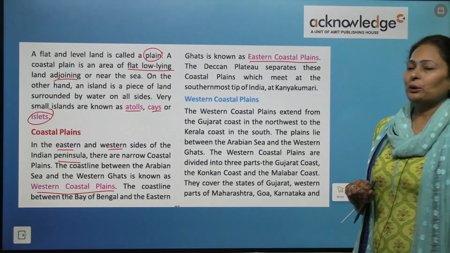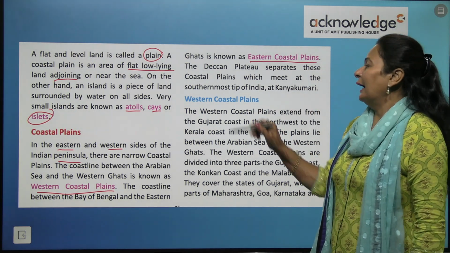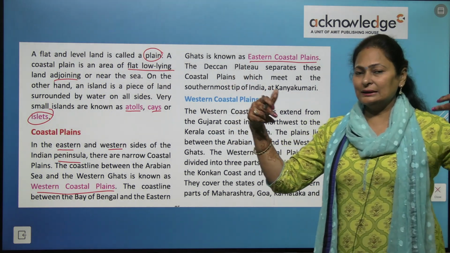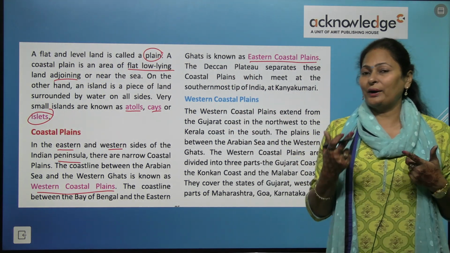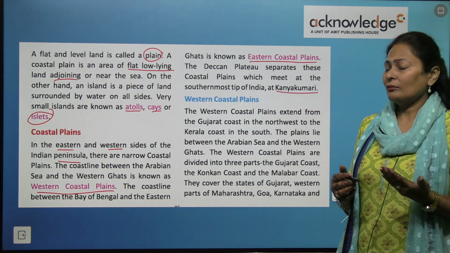The Deccan Plateau separates these coastal plains. The Eastern Ghats and the Western Ghats meet where? They meet at Kanyakumari, right?